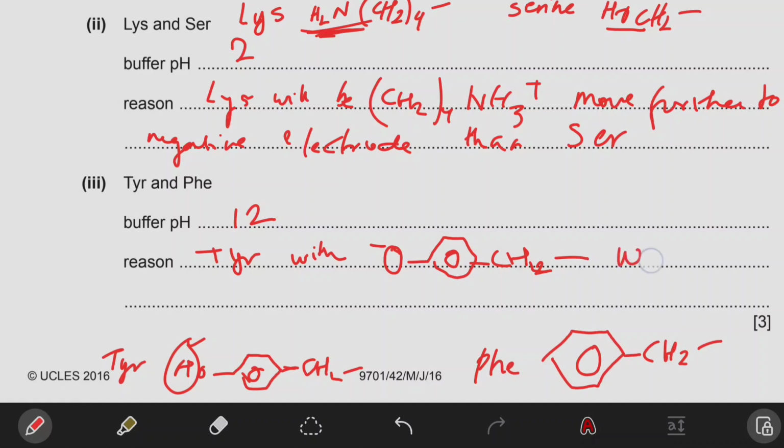Moves further towards the positive electrode.